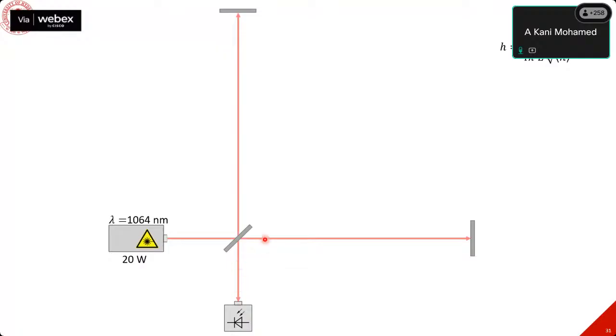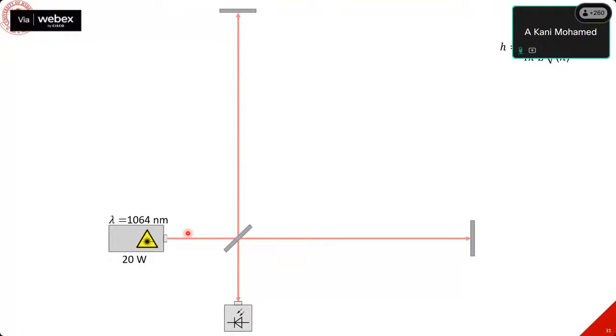All the light will be reflected back, and the constructive interference happens on this arm. So the light will actually emerge from that direction when there is no gravitational wave. So whatever light we are sending inside the interferometer is being lost in this direction.